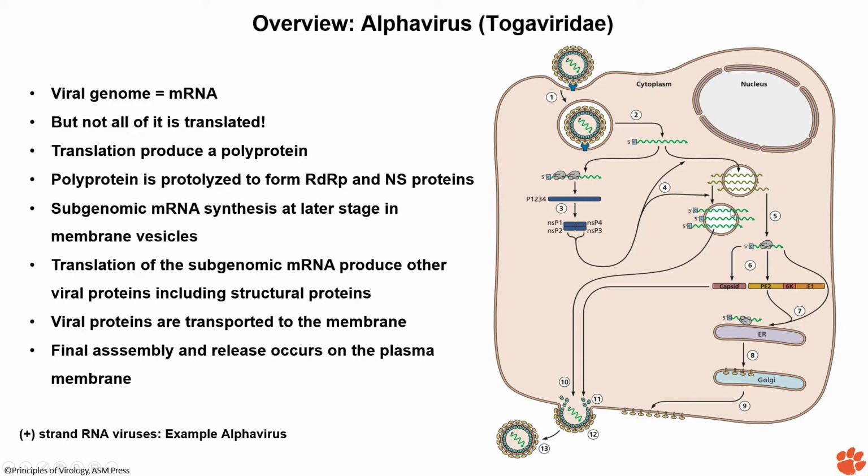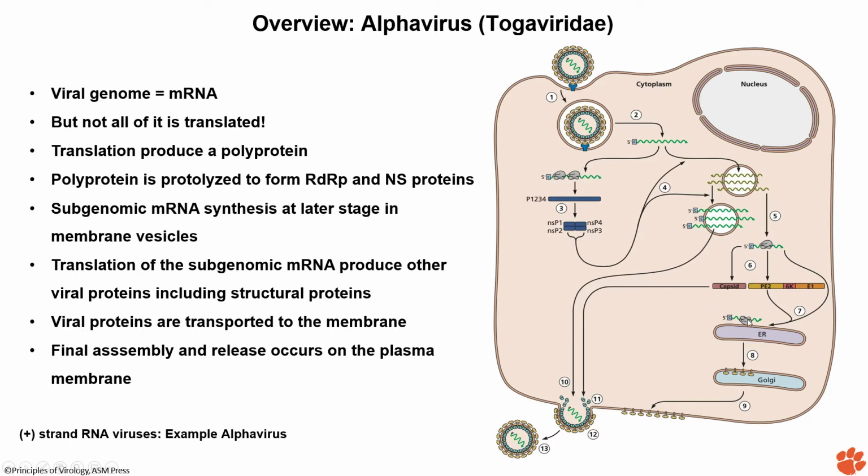On top of that, it is also made into the full-length genome RNA or the subgenomic mRNA, which is translated again into the structural protein. Here you have the non-structural protein formed in the first instance, and in the second set you have the structural protein formed. Remember that this is the difference from poliovirus, where all the proteins were formed from the whole-length genome RNA at one instance. Here it is in two steps, and the structural proteins are formed from the subgenomic mRNAs.